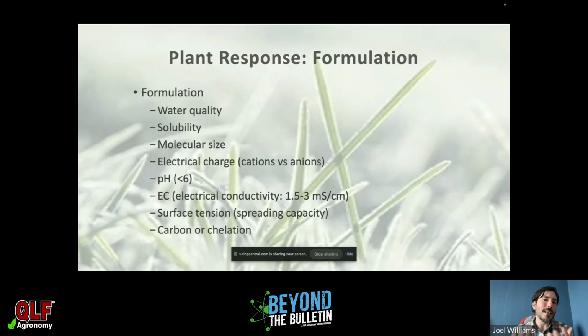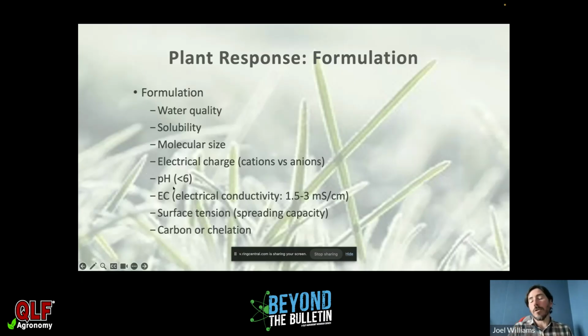They can be rendered inactive or partially inactive in the spray tank before we've already applied them because some of these contaminants will bind and lock up. So I would really emphasize, if you can, look at rainwater harvesting and saving, or look into something like a reverse osmosis kit to clean out those contaminants and have pure water. You will see a better response from your foliar nutrition and your pesticide applications.